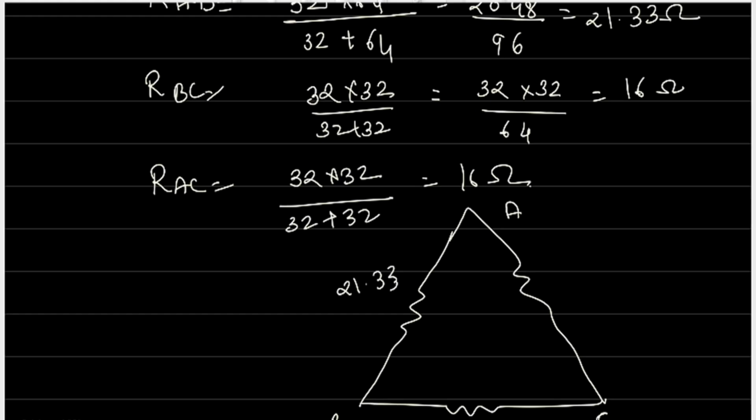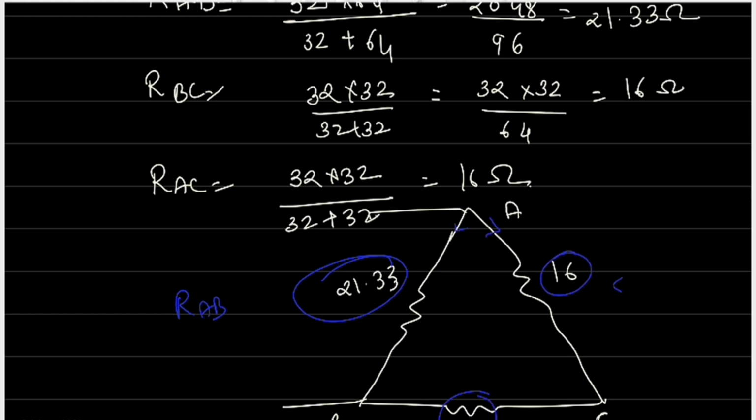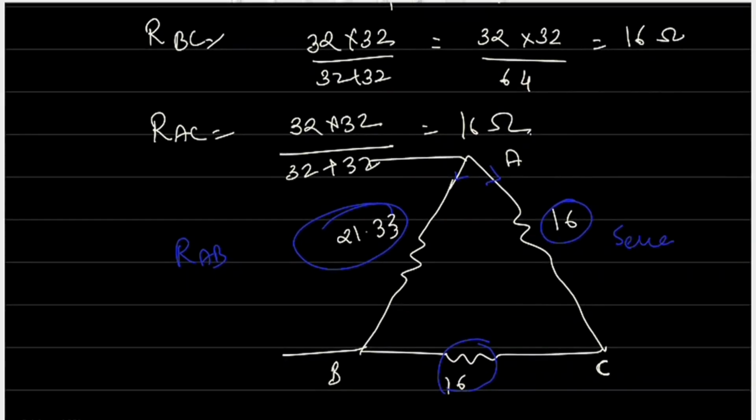Okay, now here it is 21.33, this is 16 ohm, and this is 16 ohm. Now we have to find out the total resistance between terminal A and B. So if you look clearly, this 16 ohm and 16 ohm would be in series, and that series combination is in parallel with 21.33.